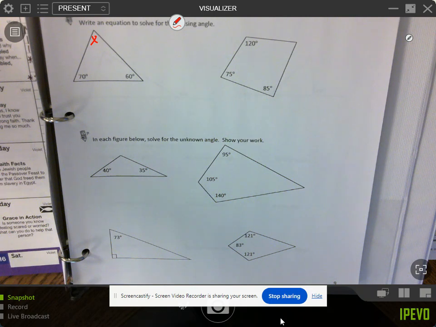Layla? Make an equation equals... Layla, equals what? X. So you could say 180 minus 70 minus 60 equals X. You could say it in reverse.